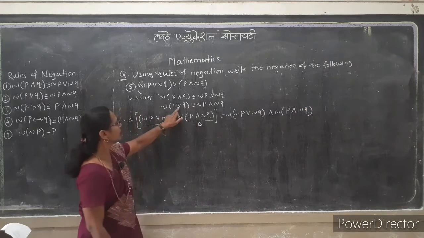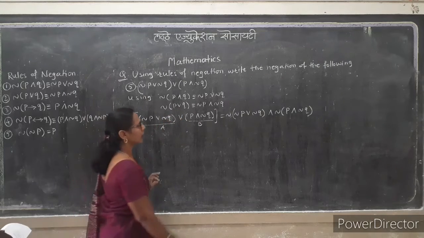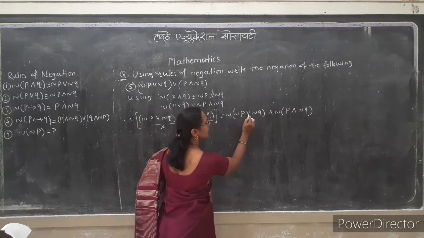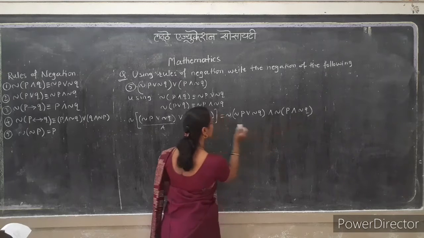Using the second, the negation of disjunction, we again use negation in disjunction and negation in conjunction.